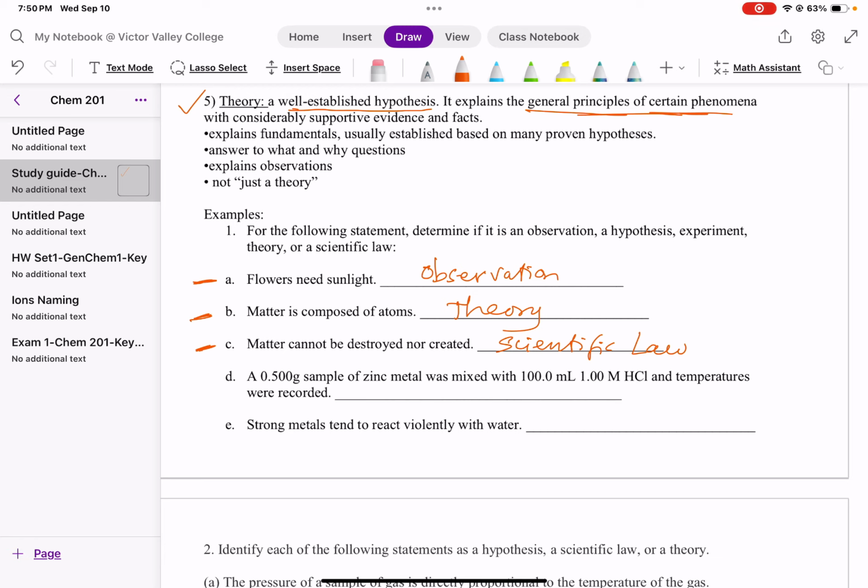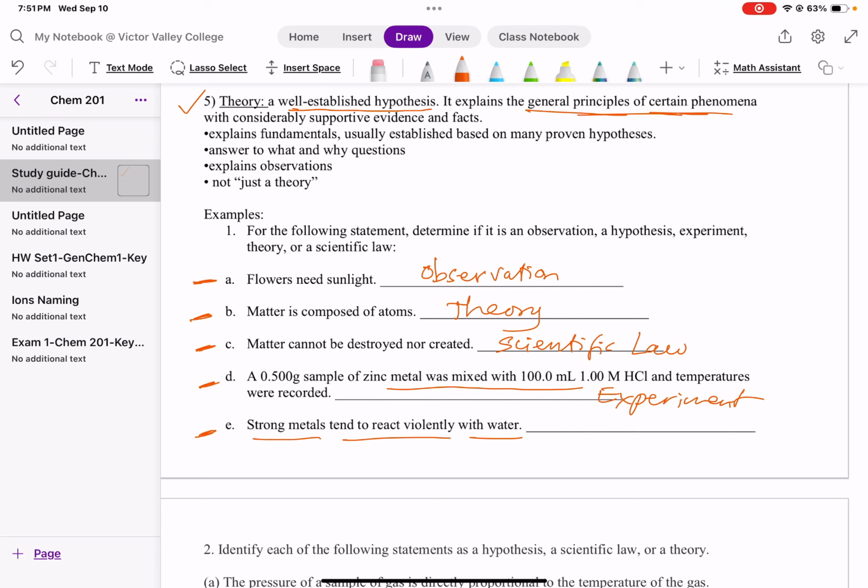If someone gives us instructions on how to mix certain things together and create a reaction, that looks like an experiment. And someone makes a statement after trying a few experiments, say strong metals tend to react violently with water.